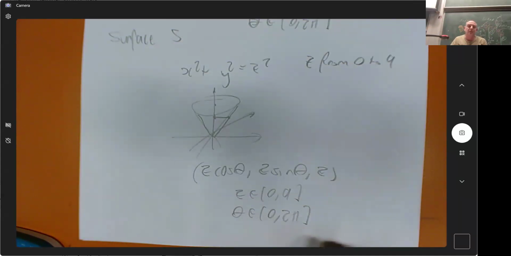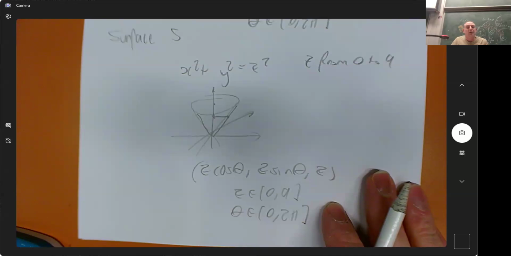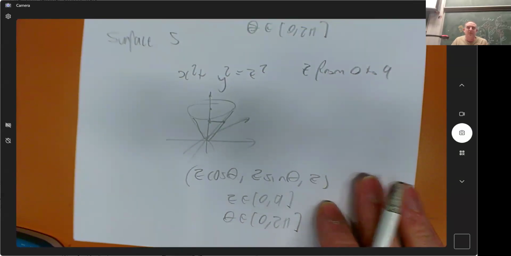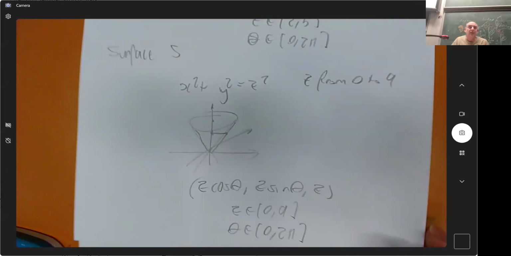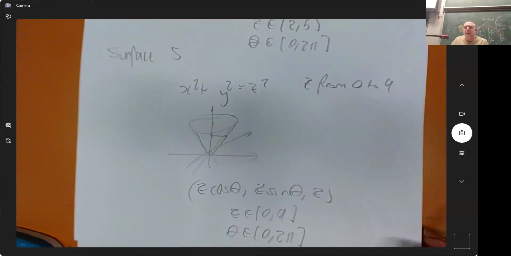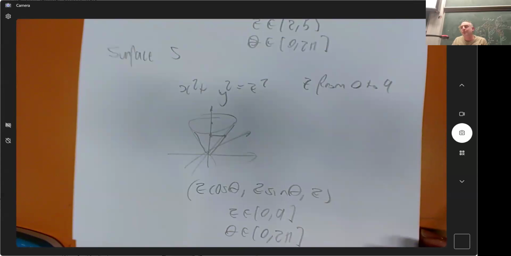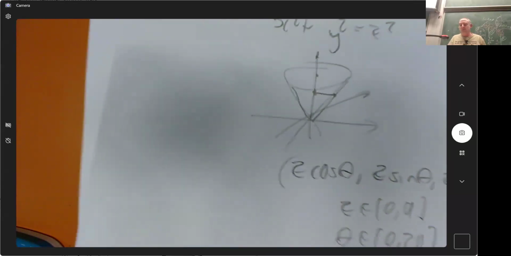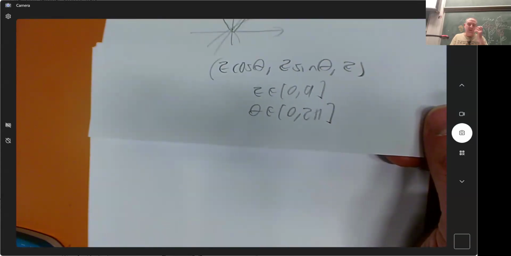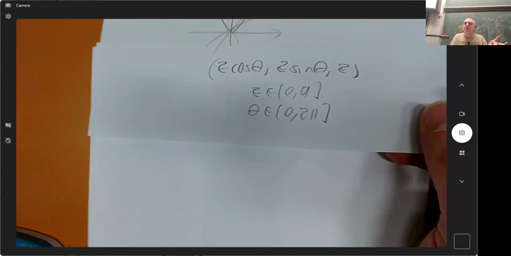If you're given a parameterization and you're asked for the edge, like the boundary, then look at where the circles are, and it's usually one of the circles. I hope that's helpful for making parameterizations.